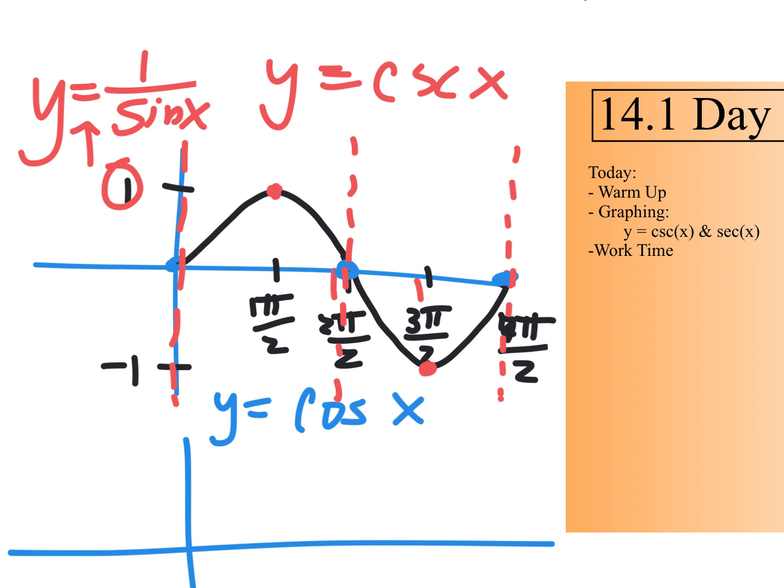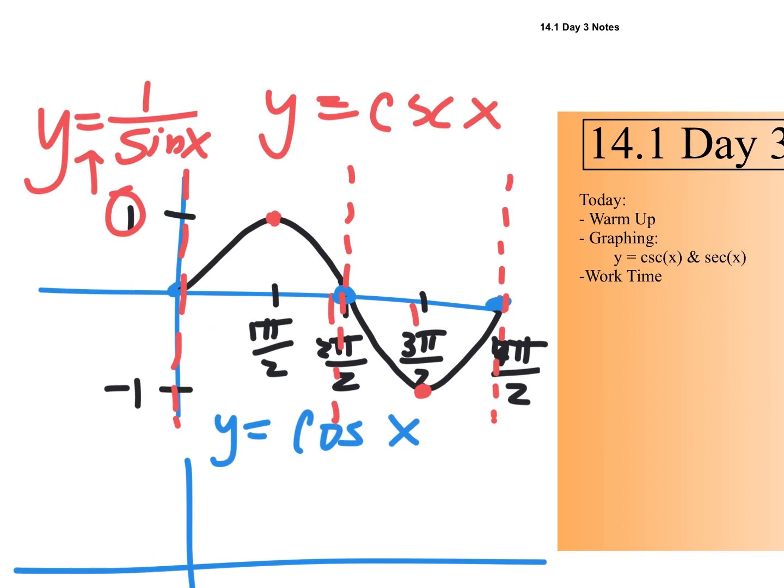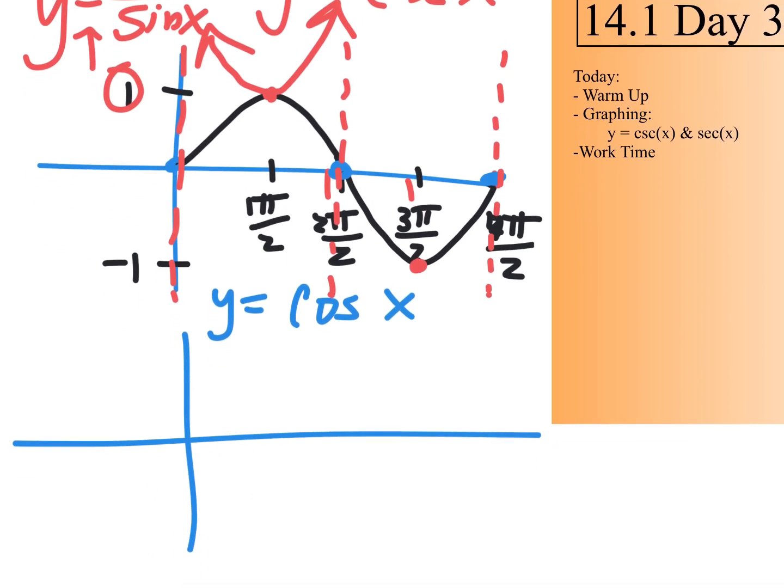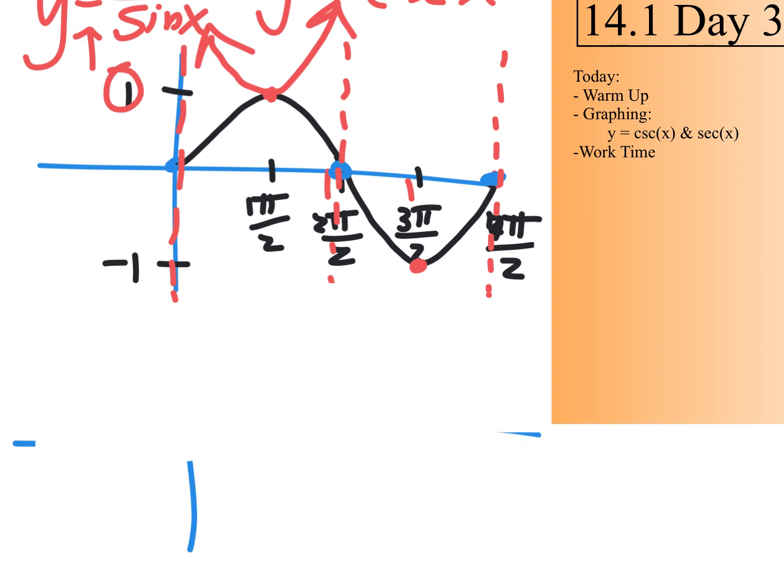Okay. Now, your graph ends up going in right there. I can explain why. When you put 1 over something, what if that something is really big, like 1,000? What's 1 over something really big? Something really small. Really, really small.